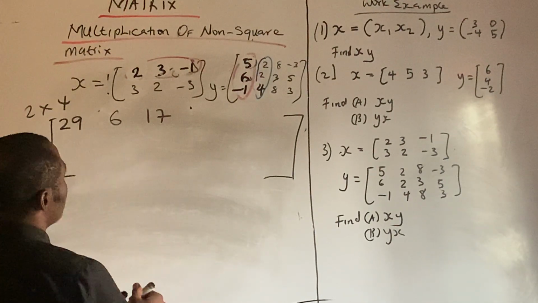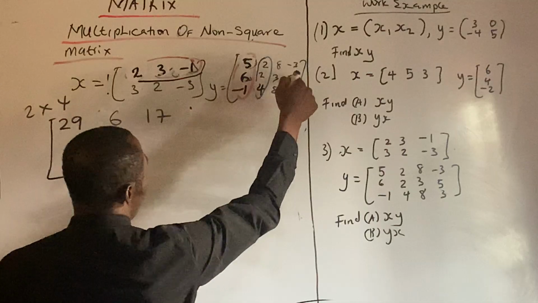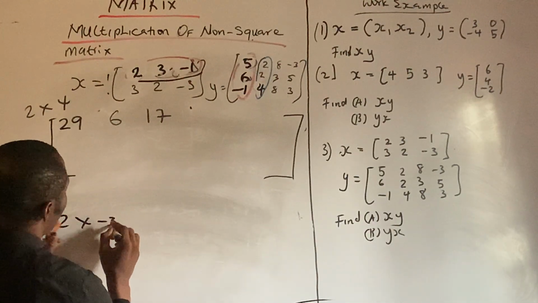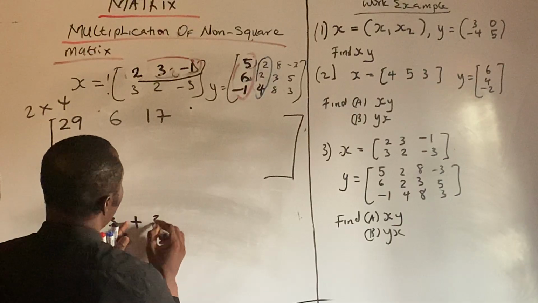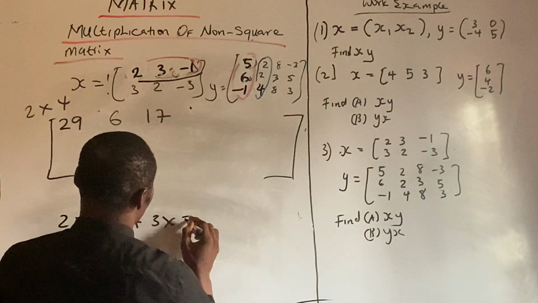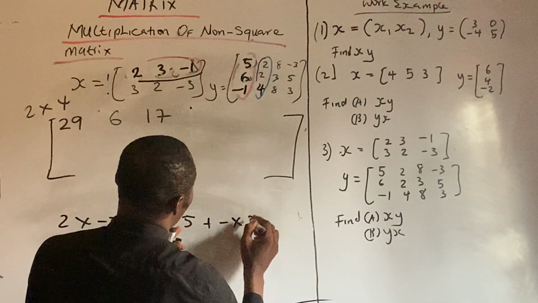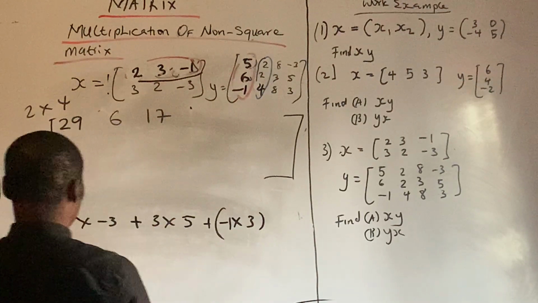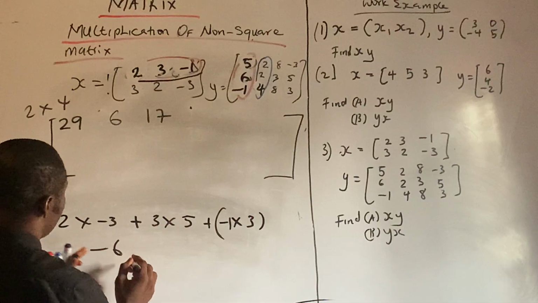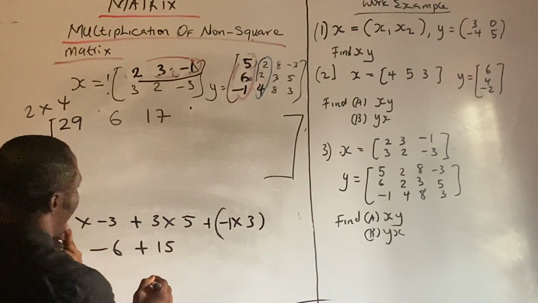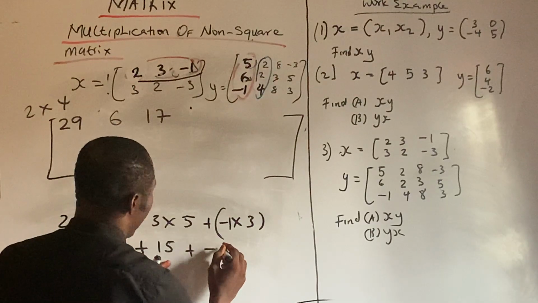The next one is that we're taking all this row, we're multiplying with the last one, which becomes 2 times minus 3 plus 3 times 5, plus minus 1 times 3. All right, so this times this is minus 6, plus this times this is 15, plus this times this is minus 3.